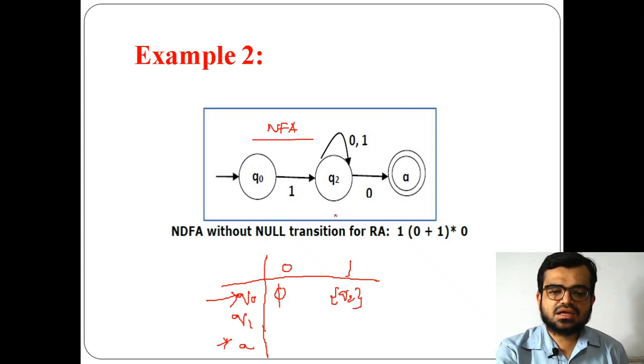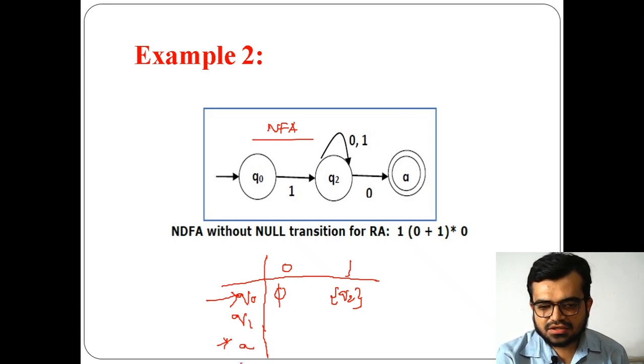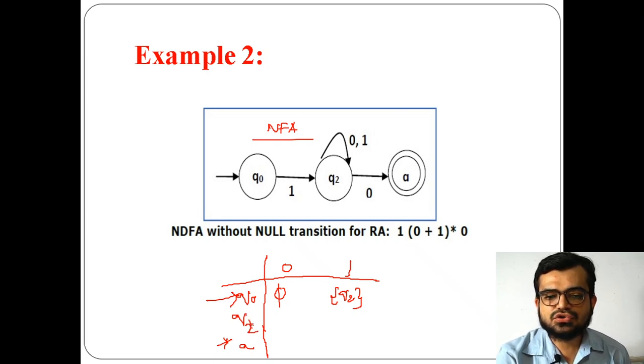Okay. Now again, Q1 is not there, sorry, it's Q2, so I'm just putting Q2 here. In Q2, if you see now, on 0 it is repeating to itself, and also it is going towards A. So there are two states here, that's why it is NFA now.